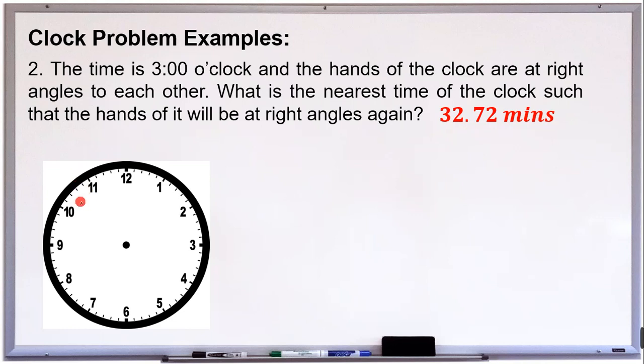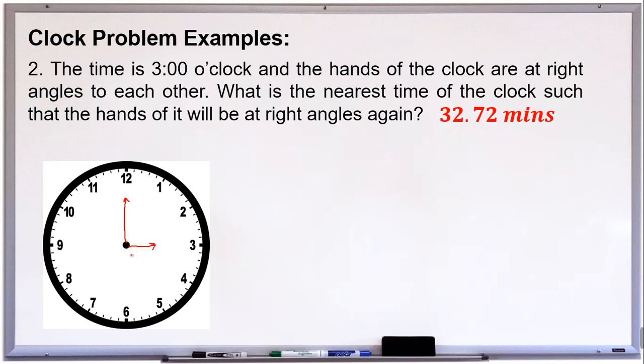So for our clock problem, it is preferable to illustrate the problem. The problem starts at 3 o'clock. The position of our minute hand points at 12, and our hour hand points at 3.